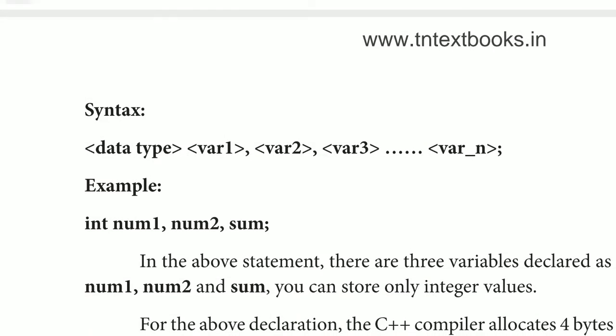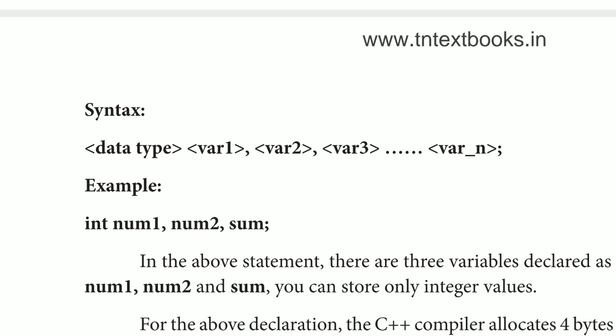You can declare a single variable, or multiple variables in the same instruction: data type variable 1, variable 2, variable 3, up to n variables, and at the end you give a semicolon to indicate the end of the declaration.